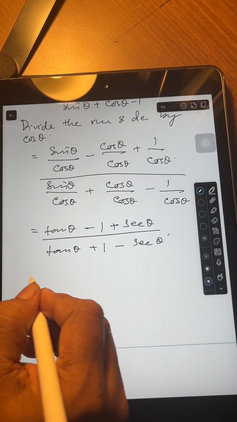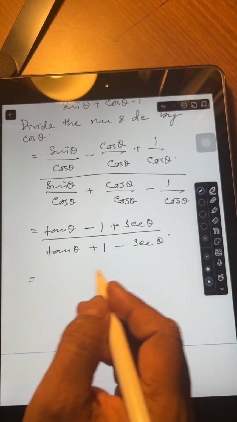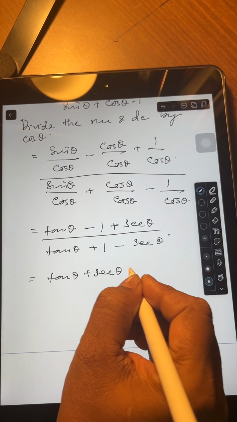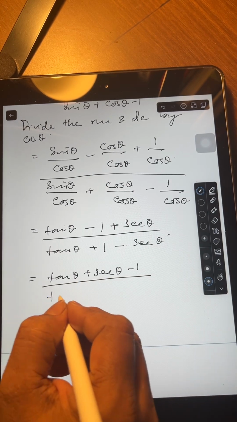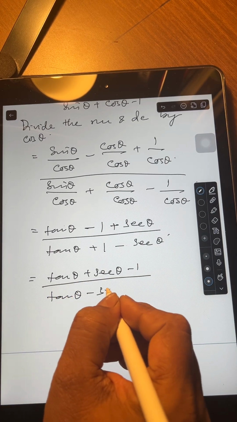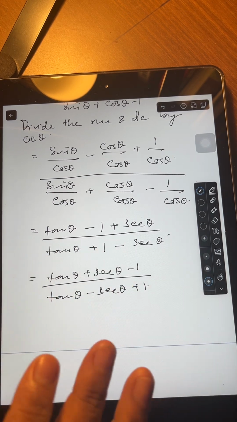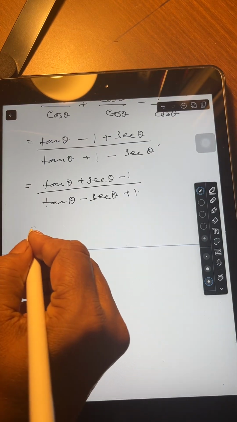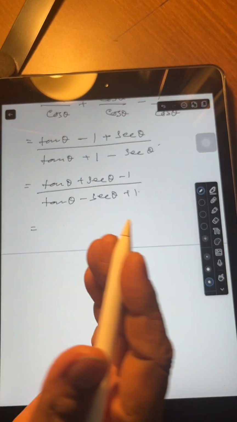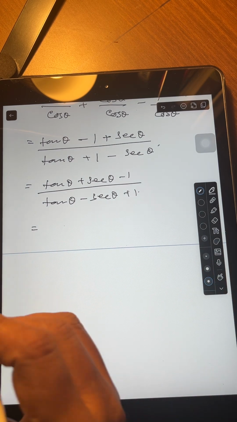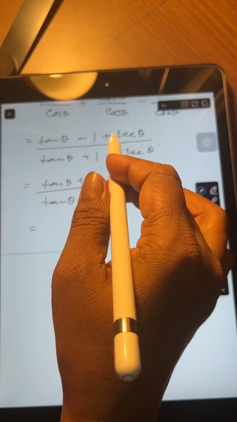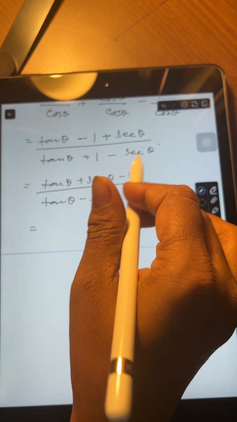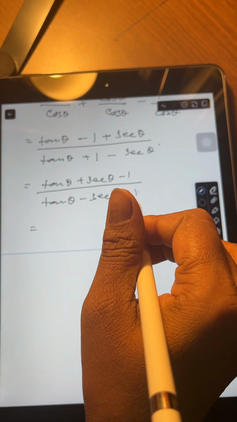Okay, now you rearrange: tan theta plus secant theta minus 1 by tan theta minus secant theta plus 1. Now you have just rearranged, so the sign will not change. Only when you bring it to the other side the sign changes. So here it is plus secant, you have put plus secant; it's minus 1, you have put minus 1. Again it's minus secant, you have put minus secant, and plus 1, you have put plus 1.